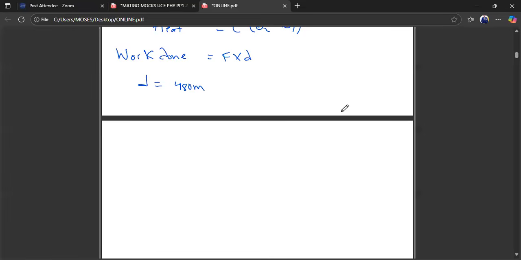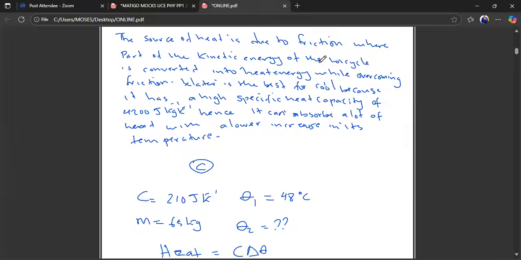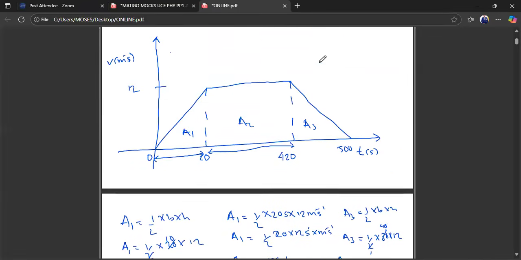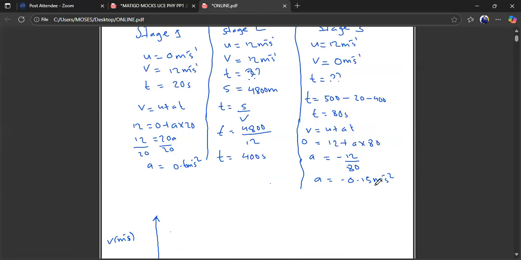Now, to come up with the force that was applied during the braking, remember that force F is equal to MA, where M is the mass and A is the acceleration. For this case, during the braking, that is deceleration. Our M is 65 kilograms, and our A is the retardation which we got already, given as 0.15.